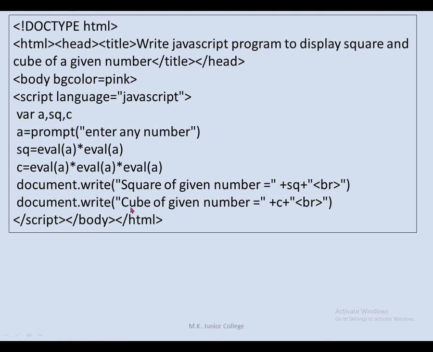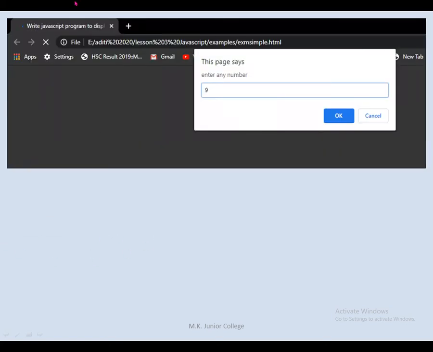In the next line you are giving the cube of the number is equal to C, calculated by multiplying the same number three times. So here you are getting C and then BR, and you are closing all the tags. See the output.